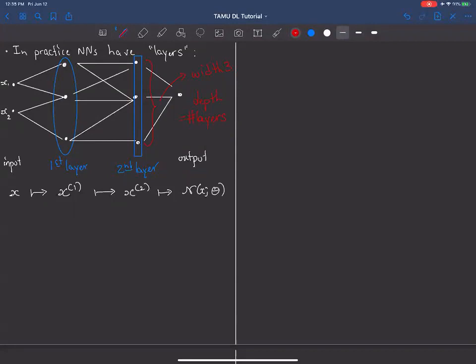Okay, and in some sense, the most basic intuition that I want to highlight here is that you should think of layers as being hierarchical representations. You start with an input X, that's my vector I start with, and in the first layer, I extract a nonlinear function of X. That's like a nonlinear change of variables.